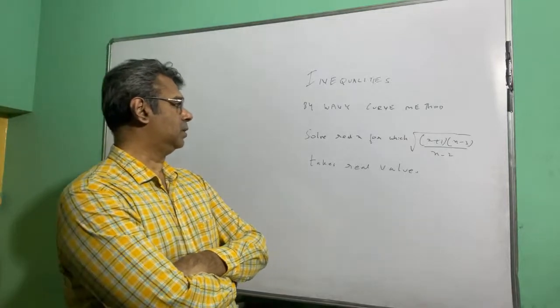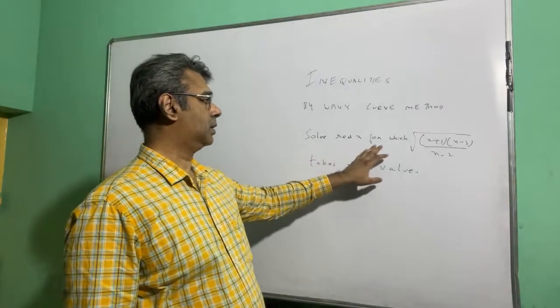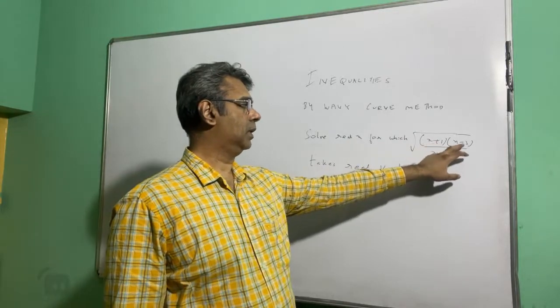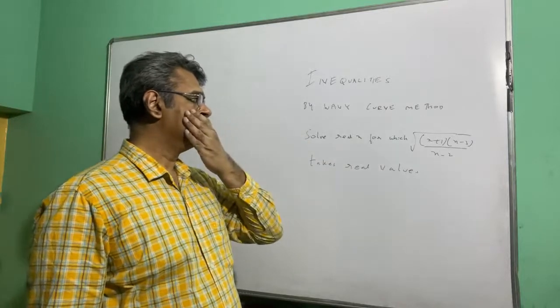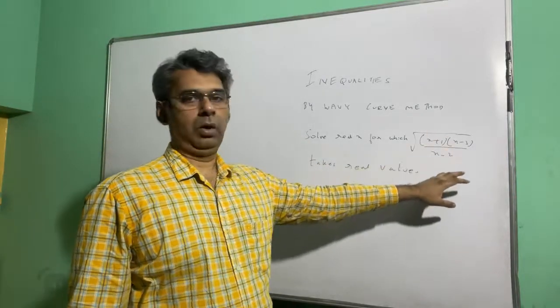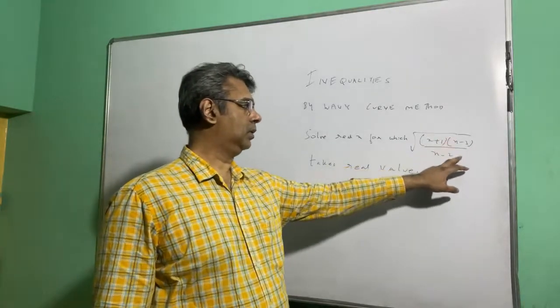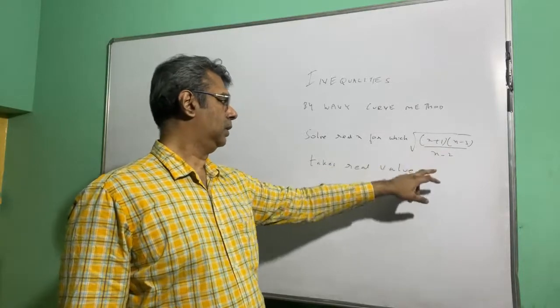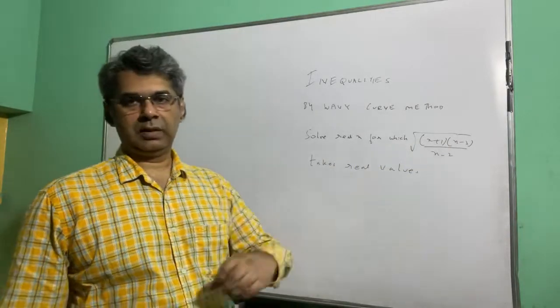Suppose there is this question: solve for all real x for which root over of (x plus 1)(x minus 3) by (x minus 2) takes real values. So you will have to find all the real possible values of x for which this expression has real values.